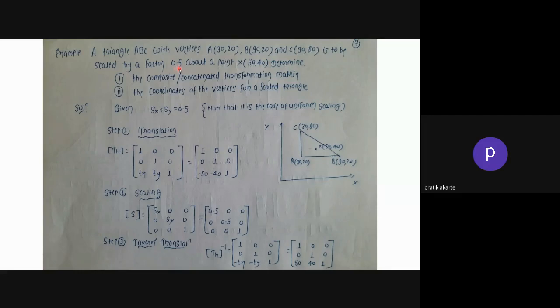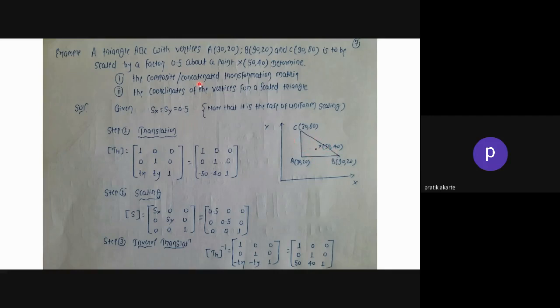So here the scaling factor is 0.5, so your triangle will be reduced to half of its original size, and that too about the point X (50, 40).